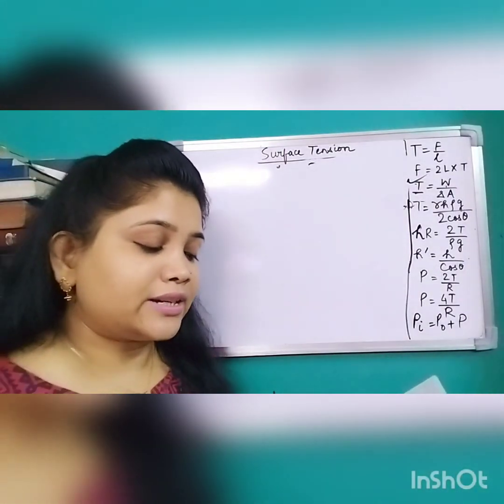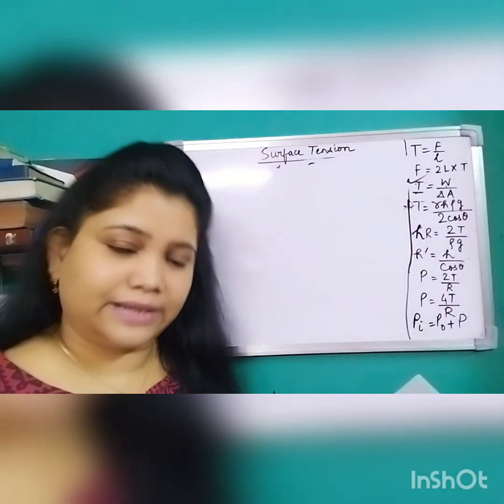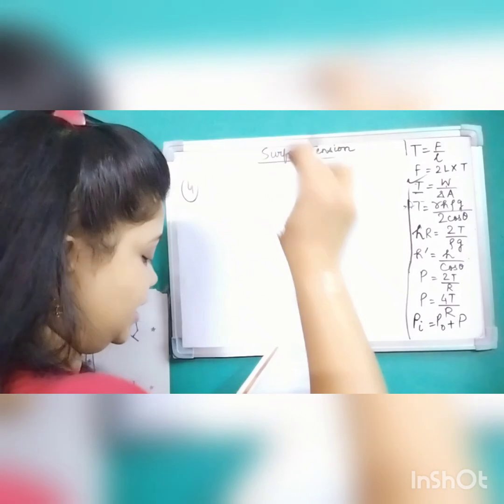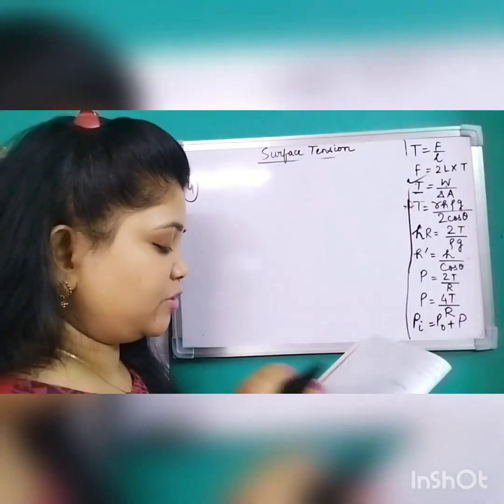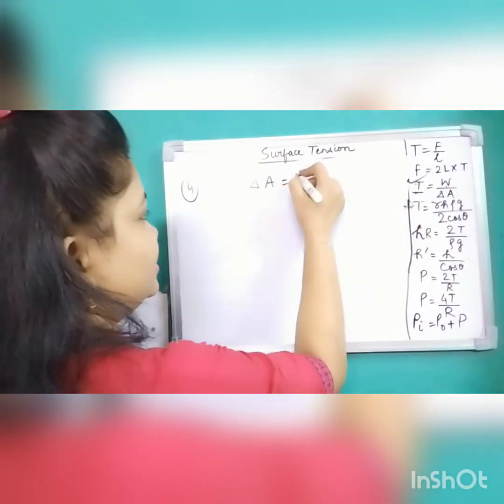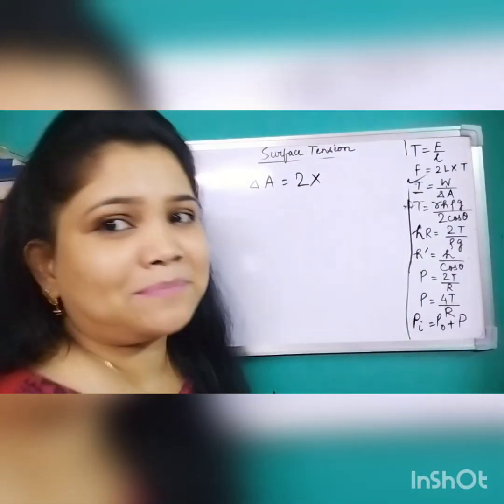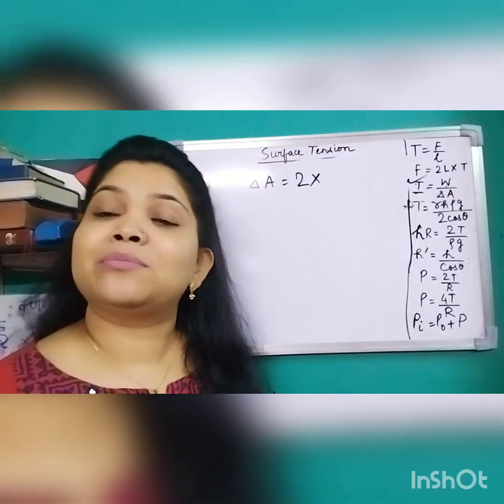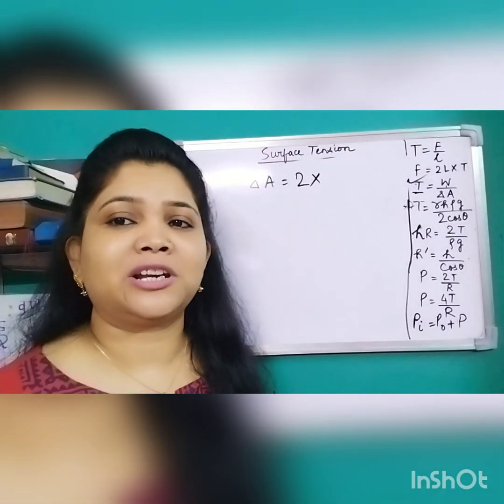It's given the surface area of a soap bubble. Again, the surface area of a soap bubble is given as 2 into 10 to the power 3 meter square. To find out delta A, obviously, we have to multiply. They have given you the surface area, but since it is a soap bubble, we are going to multiply it by 2.